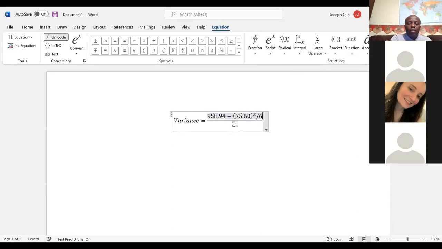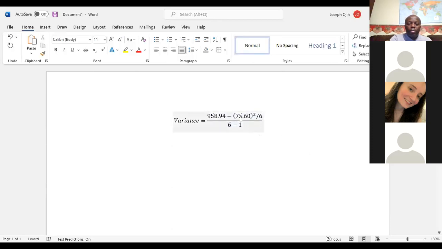Our n is 6, divided by 6 minus 1. So I'm going to copy it by 6 minus 1.